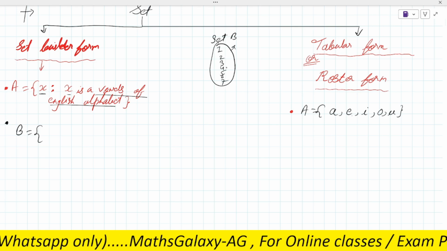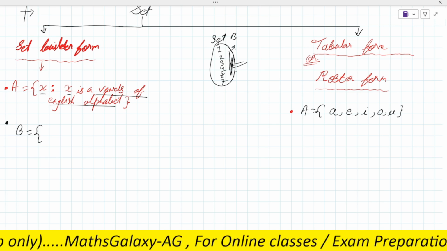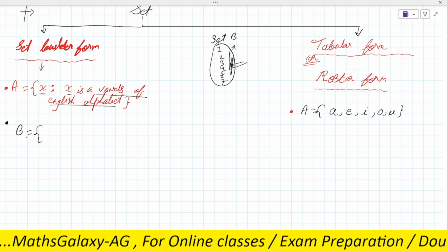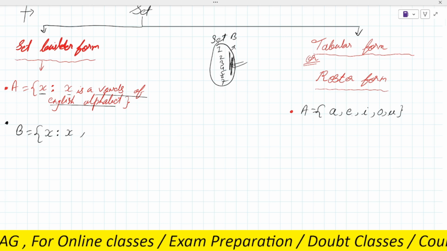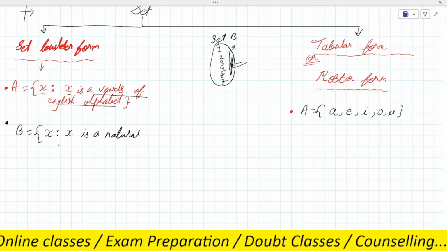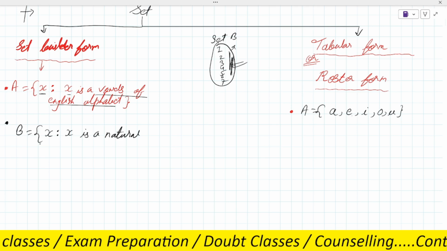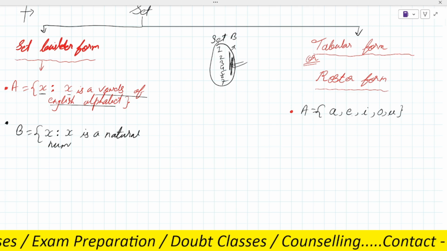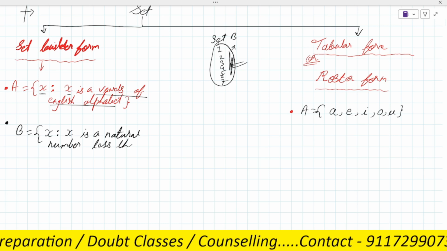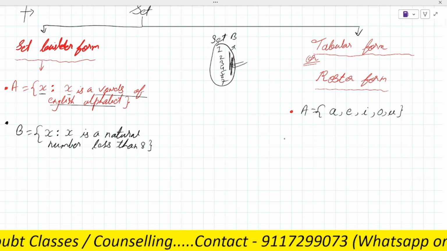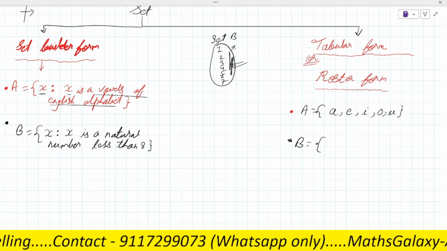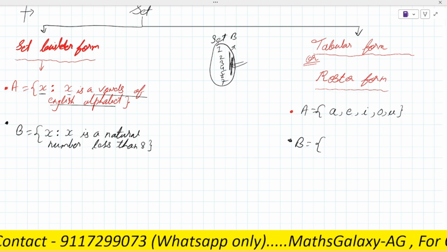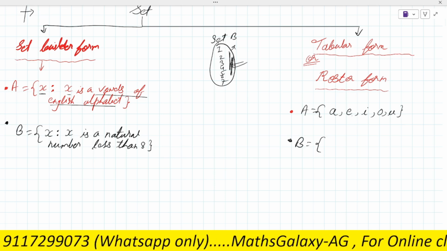In set builder form we will write it like this: x such that x is a natural number less than 8. And in roster or tabular form, how will we write it? Tell me, it's too simple.